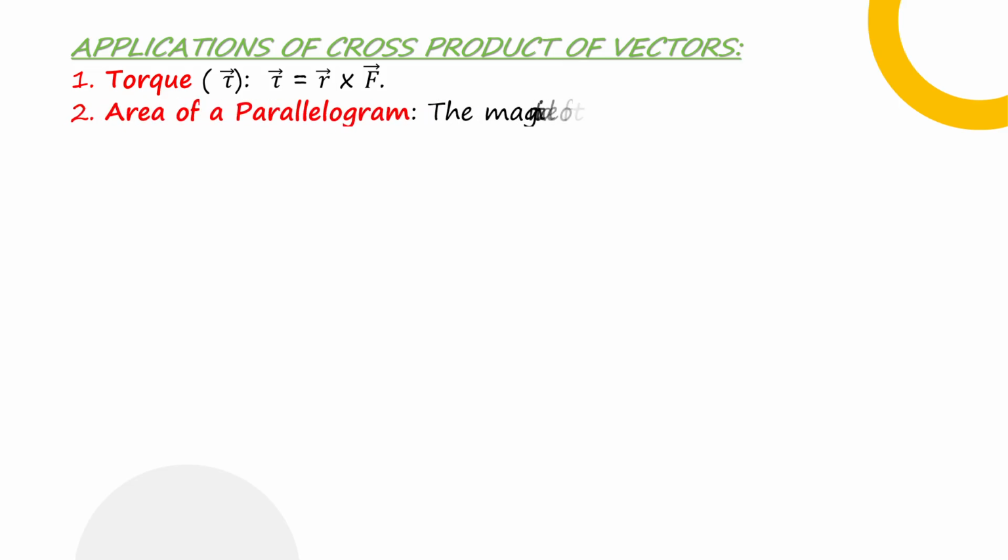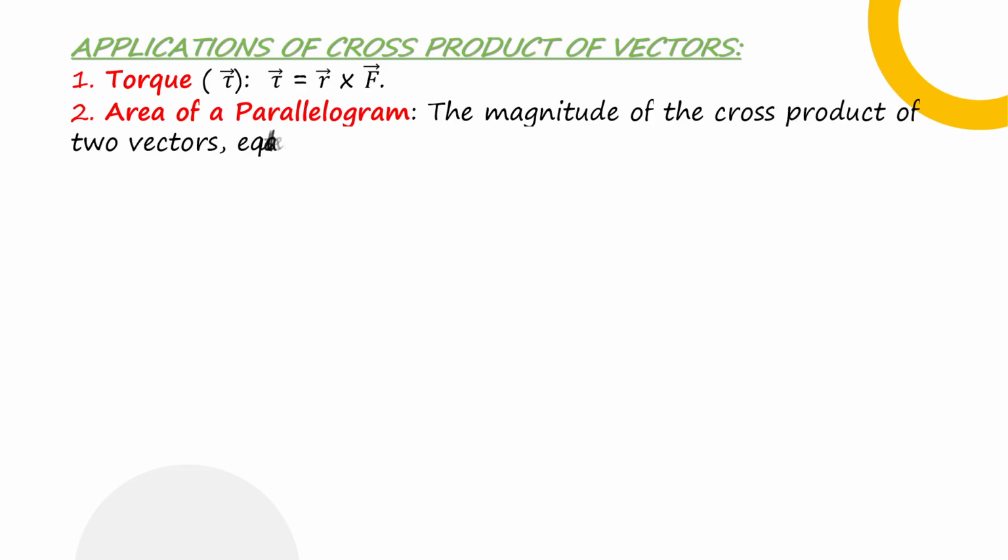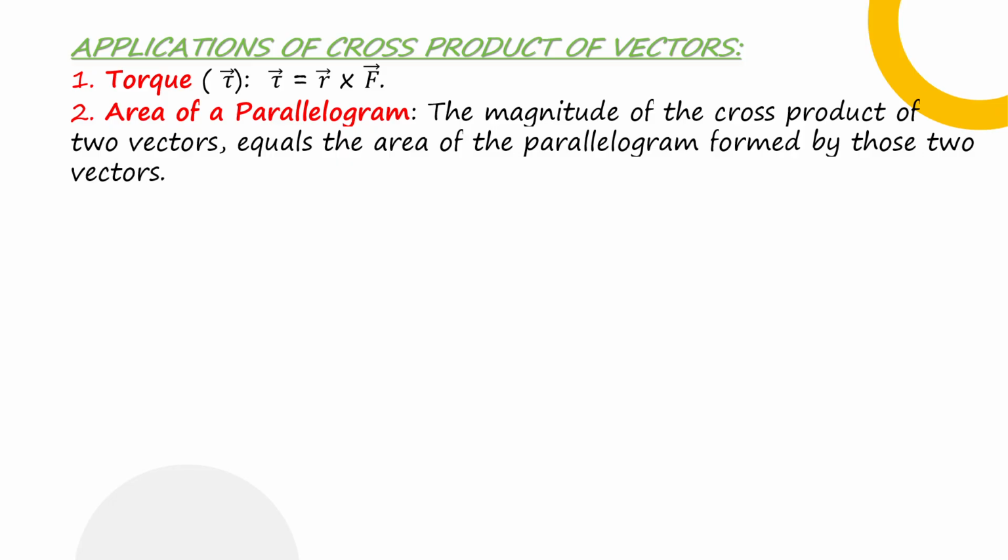Now some applications of the cross product. We have taken here some applications from within our syllabus. One is torque. Torque is R cross F. Next, area of a parallelogram. The magnitude of the cross product of two vectors is equal to the area of the parallelogram formed by those two vectors.